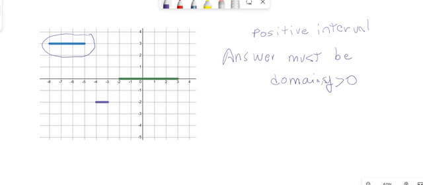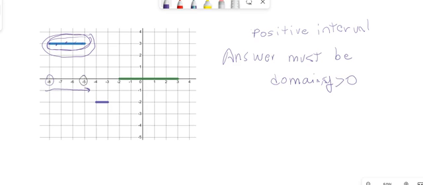So I look at blue, this portion, all the points in this portion of the function, y is 3, and 3 is positive. So all these points, the y is positive. So what is the interval? The interval will be -8, remember from left to right, and stops at -5.